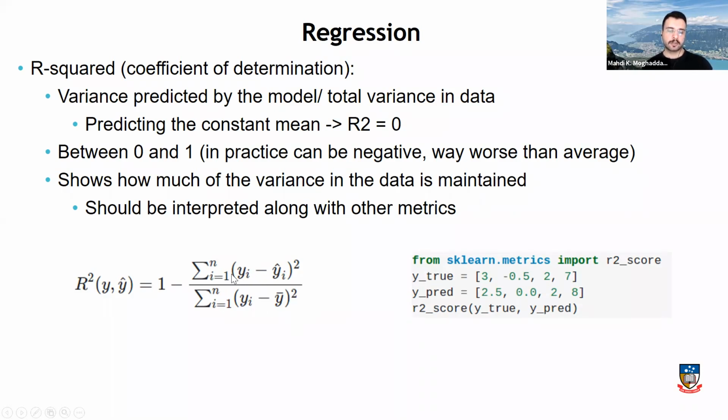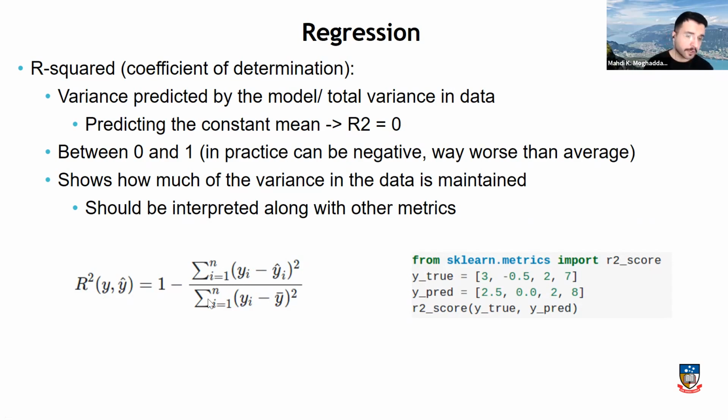So if your model is predicting the average, then these two will be the same, and you will get a 1 here, and R squared will be 0. But in practice, it is possible to be negative, and one reason could be that the variance of your model is way bigger than the distance to the mean. Then this value becomes more than 1, and you will have a negative R squared.